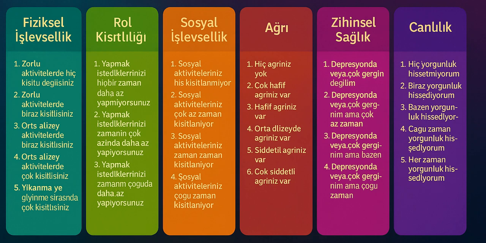Okay, so the SF-6D didn't just appear out of nowhere, right? No, not at all. Its story really begins with another measure, the SF-36 Health Survey, and later the shorter one, the SF-12. Yeah, and these have been incredibly successful tools for measuring health-related quality of life, HRQL, for years now. They capture insights across 8 key health areas, everything from physical functioning to mental health.